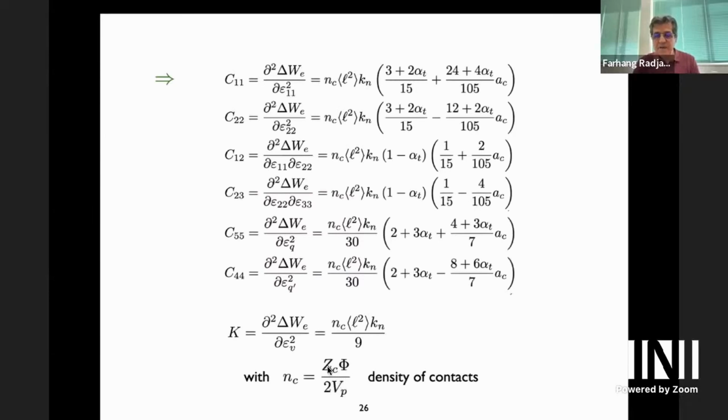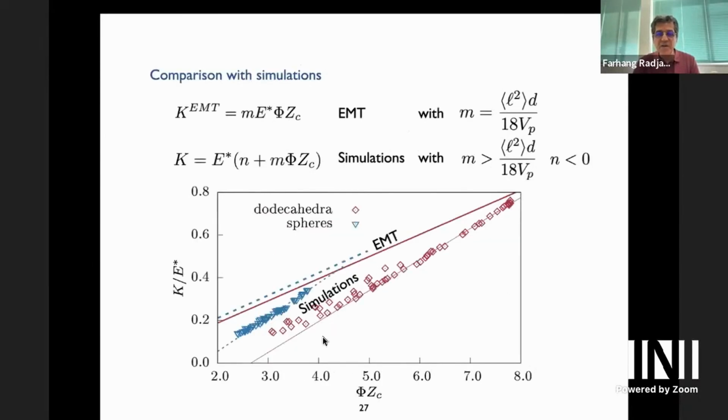So phi is the packing fraction and ZC is the constraint number. And so the value of K for EMT is a prefactor times E star, which is our reference modulus, times phi ZC. Okay, this is what it is, but what do we see? What we measure is K here as a function of phi ZC.